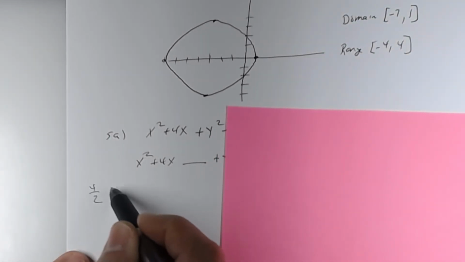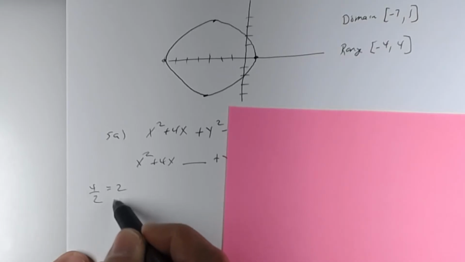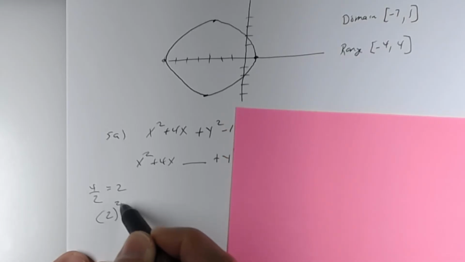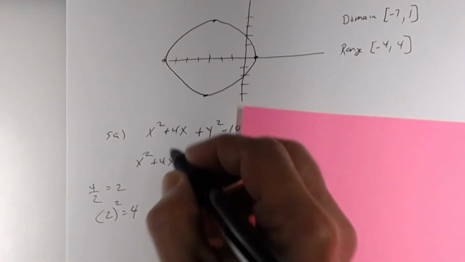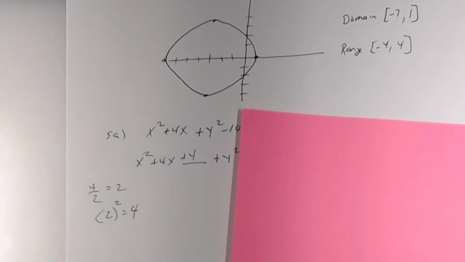What do I get when I divide that by 2? 2. What do I do to that number 2, though? Square it. What do I get? 4. Nothing new. Stuff you've had already. What do I do to that 4? Add it to both sides. I'll put 4 in that blank, as a plus 4. And also do the same thing to the other side, because what you do to one side of an equation, you do to the other.